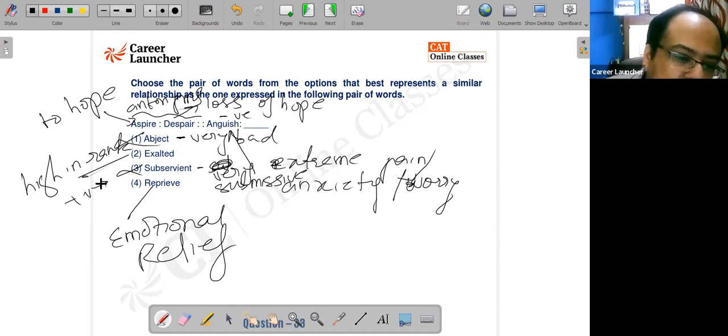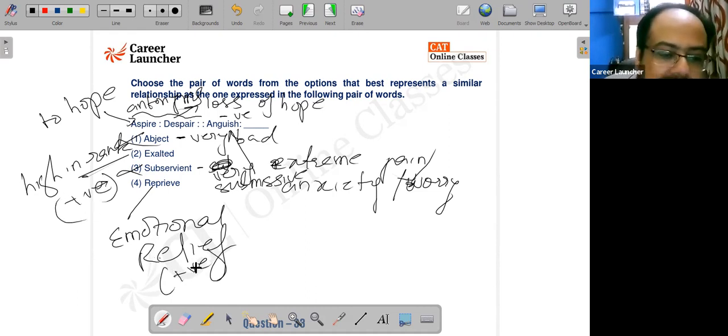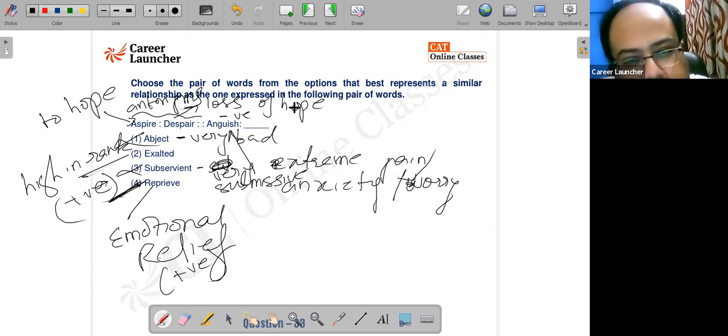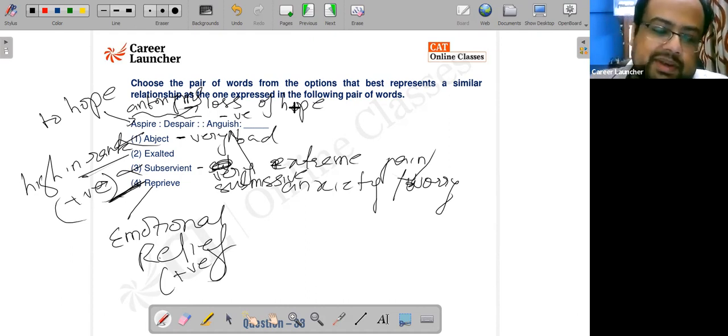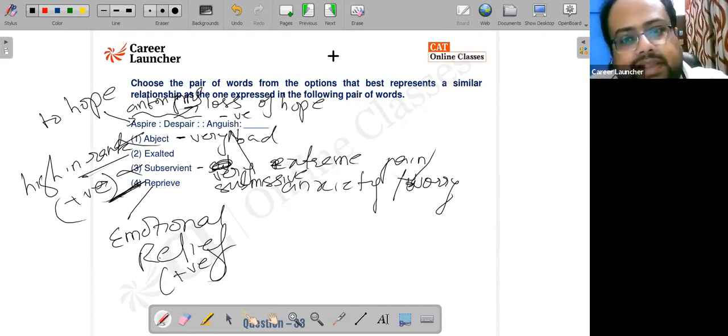But between these two, the word reprieve is better associated with the word anguish. Why? Because anguish is also an emotional state of mind, related to emotions. Reprieve is also related to emotions. Exalted does not have to do with emotions. So even though option 2 is a positive word, option 4 is the best option.